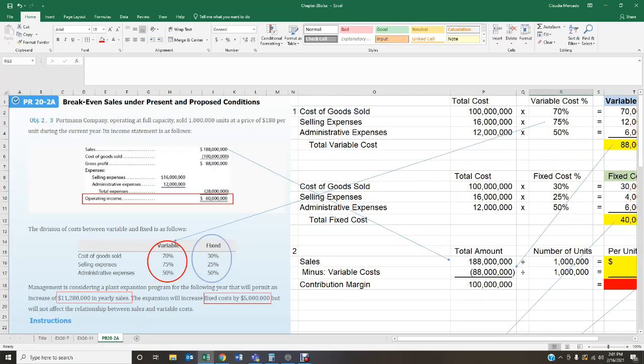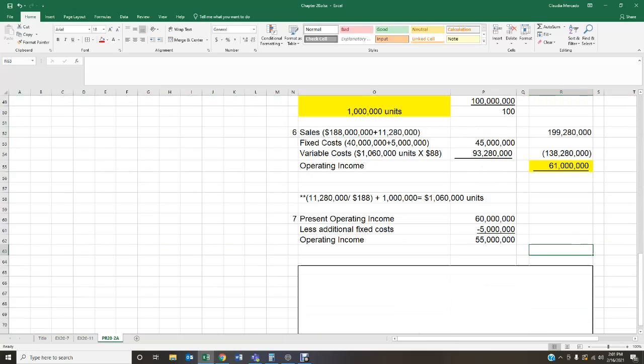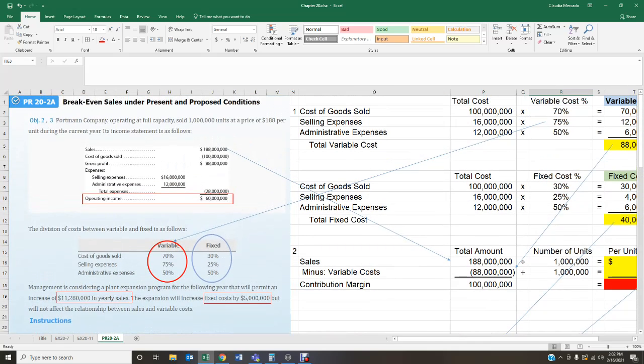So we decided to expand our plant, but our sales didn't increase, but our expenses did. So we're going to go from operating income of $60 million to $55 million based on that decision. Okay. And with us having a potential of making 61 million the highest, is the risk really worth it?